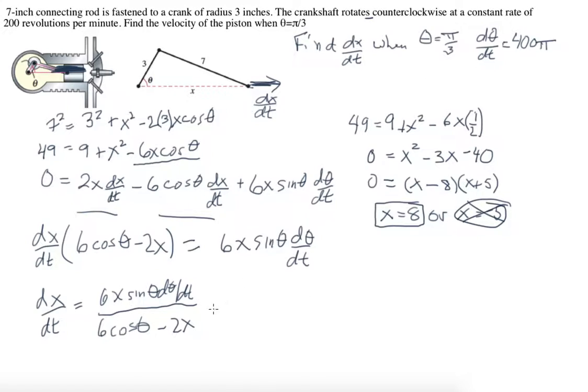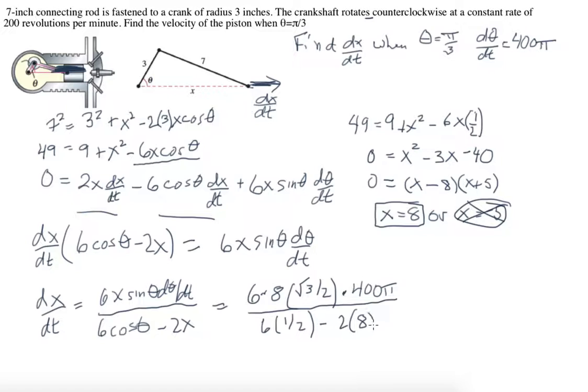And so now we can just substitute. So we have 6 times 8. Sine of pi over 3 is root 3 over 2. dθ/dt is 400 pi. That's all over 6 times cosine theta. Well, cosine of pi over 3 is 1/2, minus 2 times 8.